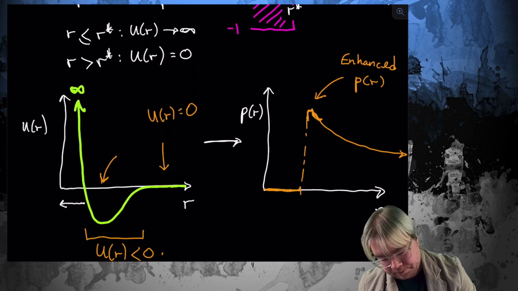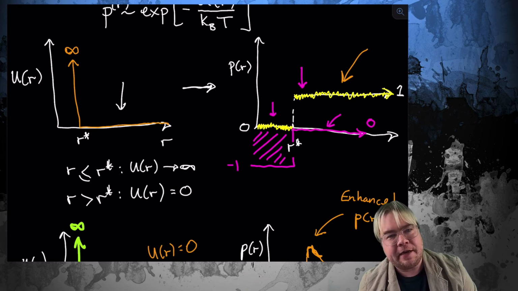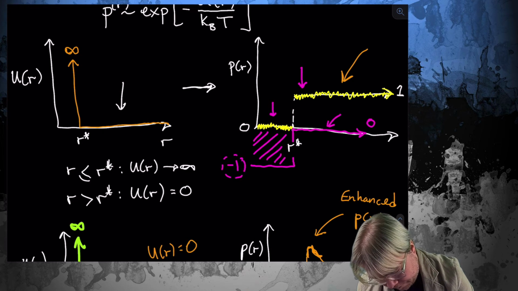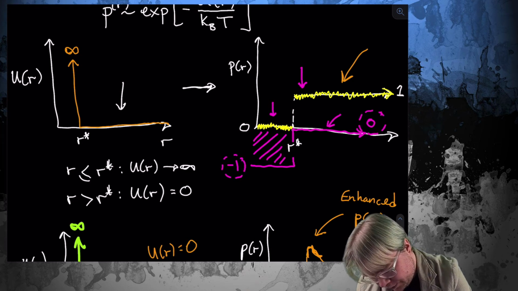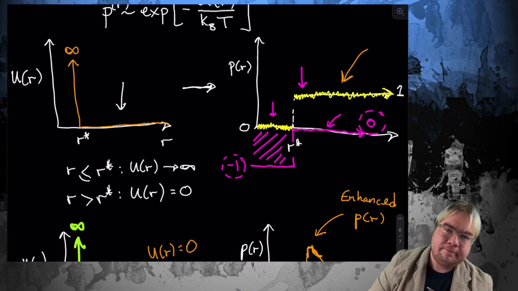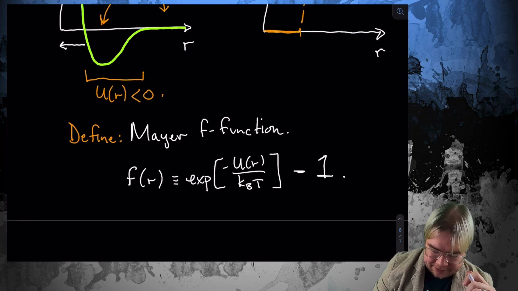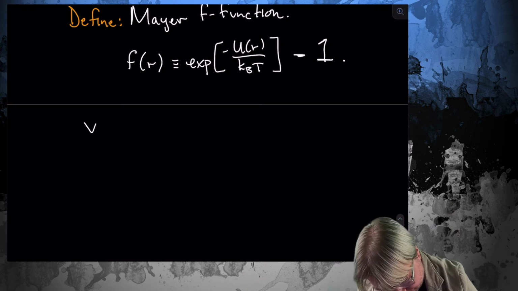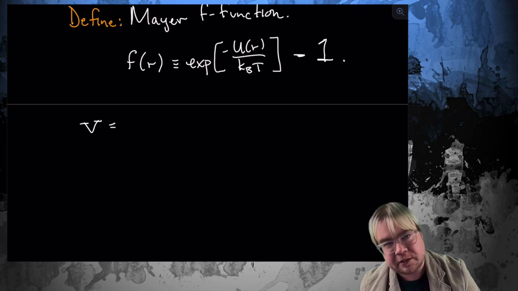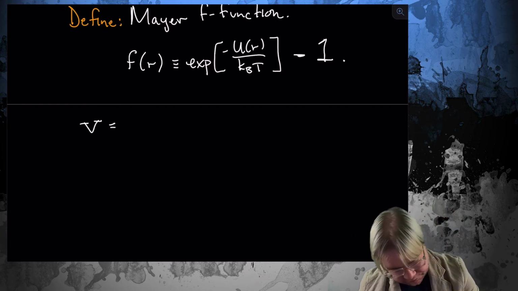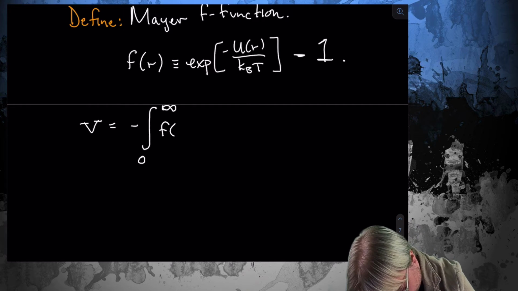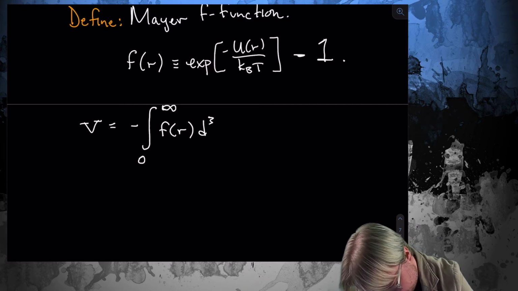So what I can do is define an effective volume from this. Look, the function is negative here, and it's 0 out here. So if I do that integral, I'll get a negative number. Well, let's not do that. Let's instead define what I'm going to call the excluded volume. I'll put little marks on this V just to make it clear that it's a V. I will define this as minus the integral from 0 to infinity of f of r d cubed r.